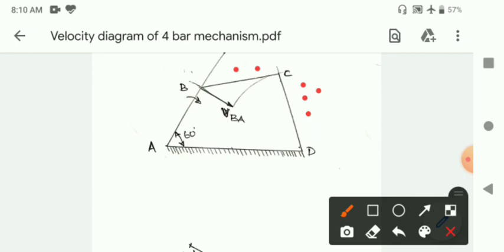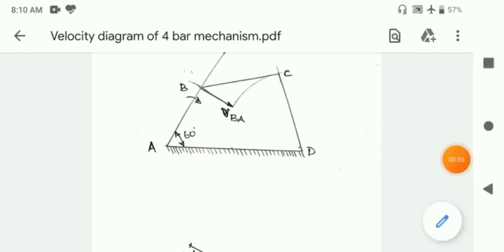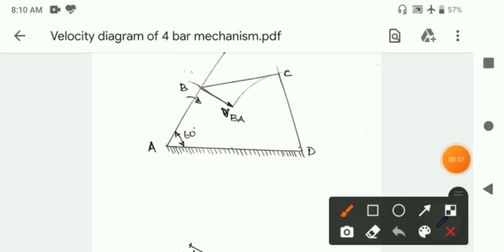Now regarding the motion of link CD, we don't know the magnitude of velocity of C relative to D, or we don't know the direction, right? But we know one thing.